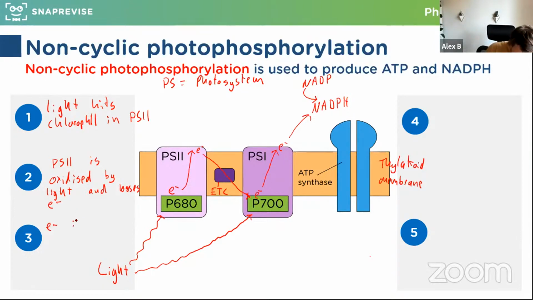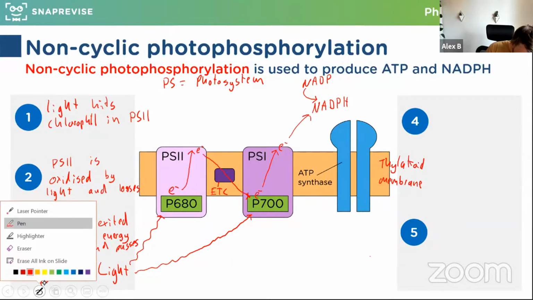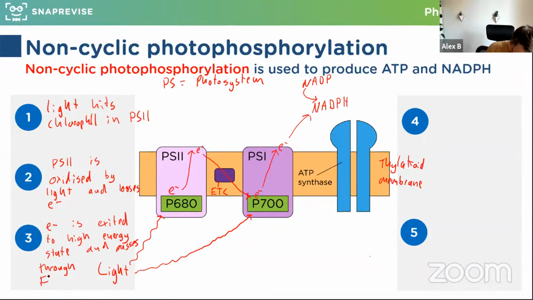E minus is excited to a high energy state and passes through the electron transport chain. I can't really write in the corner because the controls pop up.